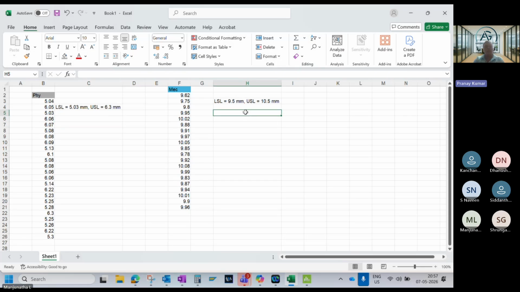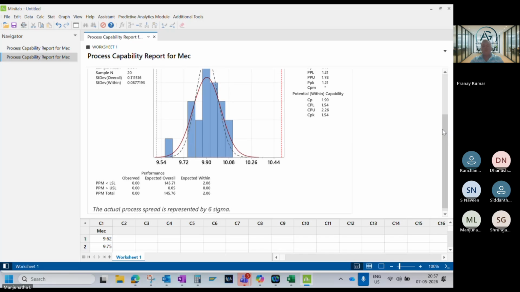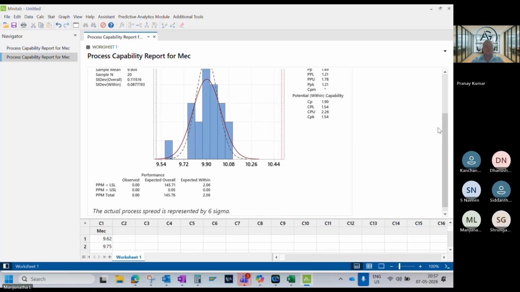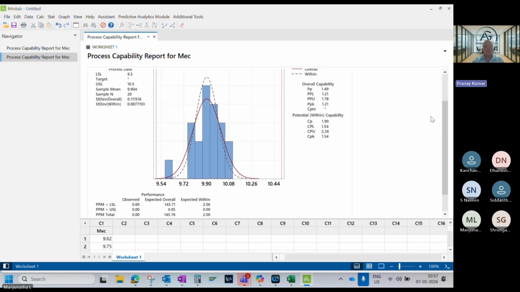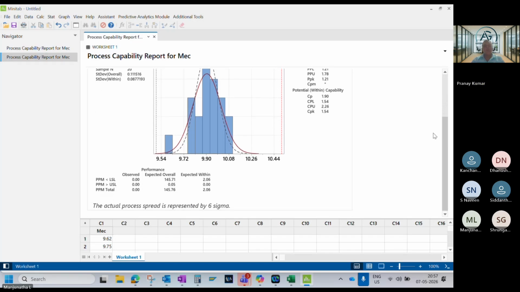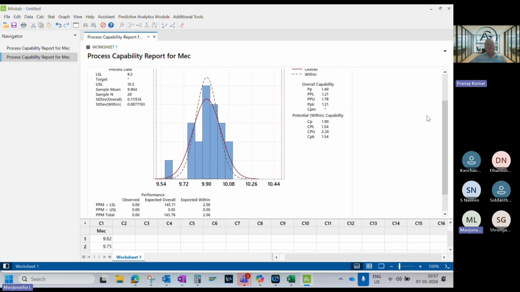So 1 and 2 will work. Yes, sir, this is one of the data sets we collected. Observed, expected, within. It is meeting as per the Cpk right now.